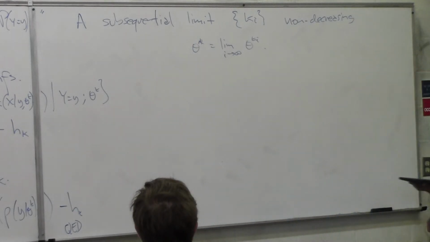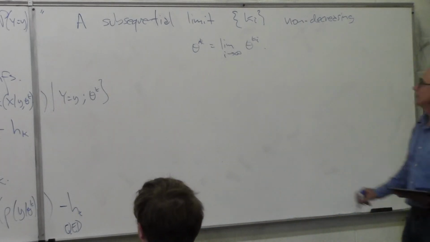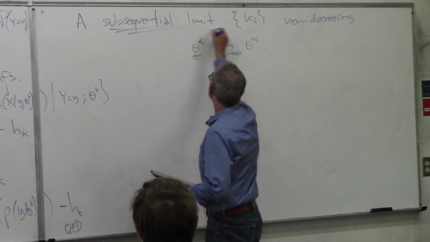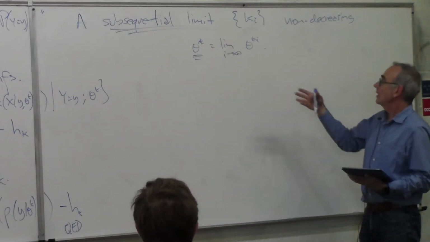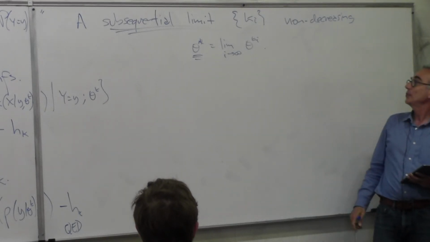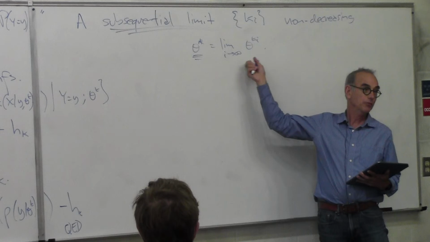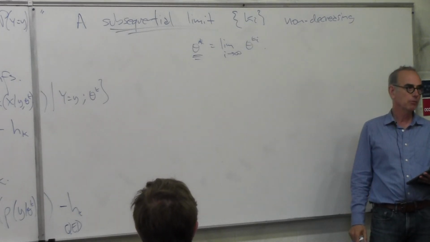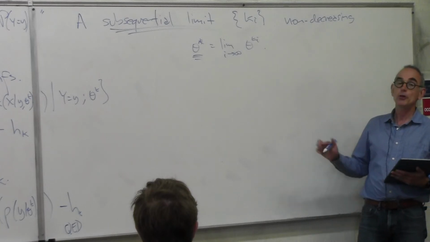So a subsequential limit is defined by taking a subsequence of the integers, which is non-decreasing, and then taking the limit as i goes to infinity. And we can get really nice properties of any possible subsequential limit. So we don't know.